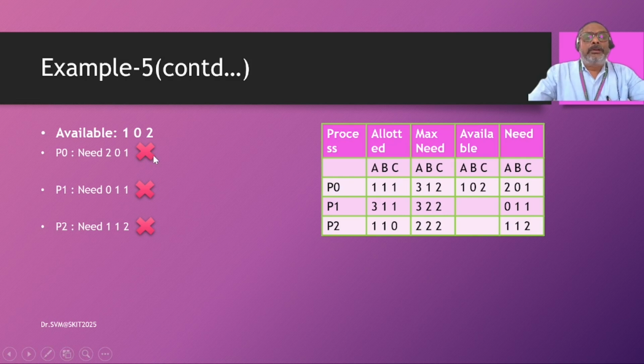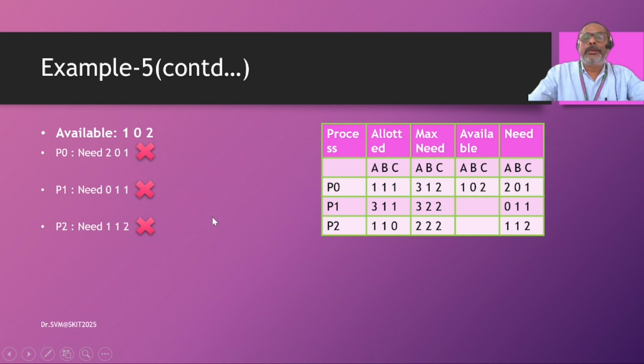So P1 cannot continue, therefore these 311 resources cannot be released, and P2 also cannot be completed, therefore this 110 held by P2 also cannot be released. So none of the resources can be released because none of these processes can continue.